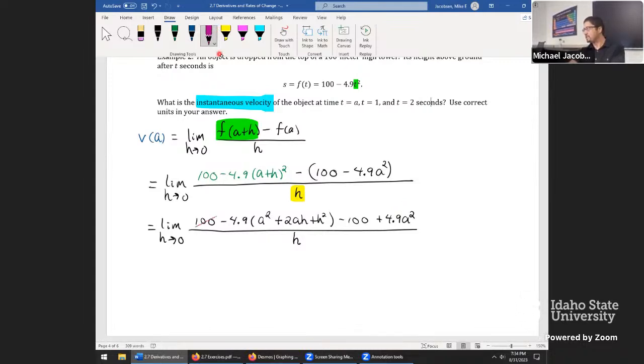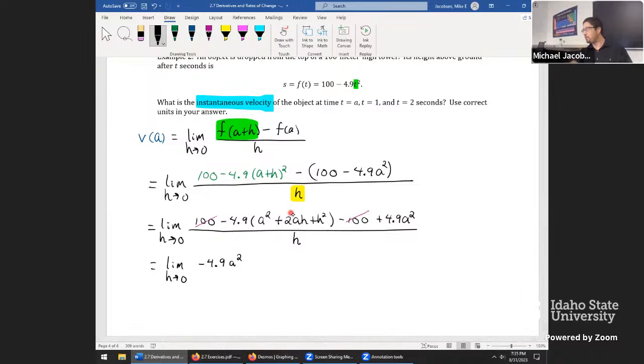Next thing we can do is, let's just go for the cancellations we see right now. Those are gone. Now I have a 4.9 a squared. I'll cancel with this, but I really ought to distribute first before I cancel. Otherwise, it looks kind of crazy. So my next step, it's limit, h goes to 0. I'm distributing in that negative 4.9. So negative 4.9 a squared. 2 by negative 4.9 is negative 9.8.